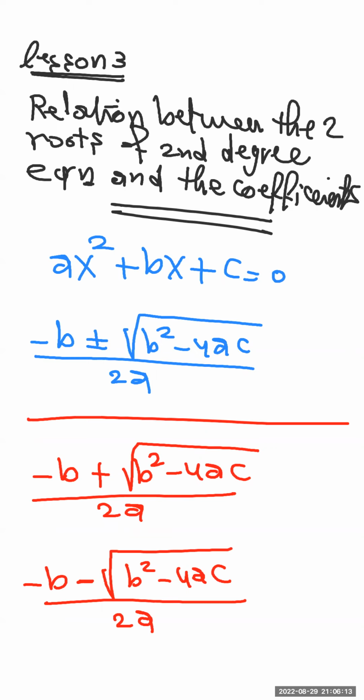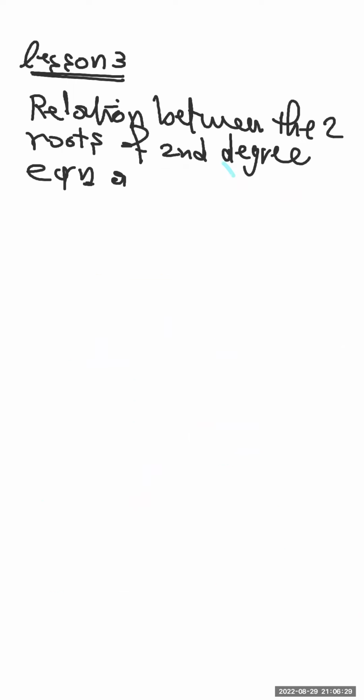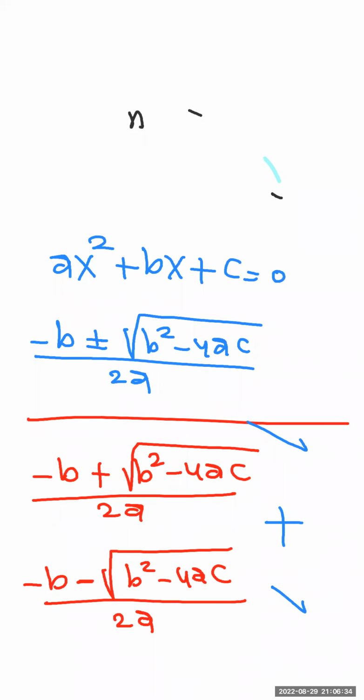Now, if I will get the sum of the two roots. Now check, guys, if we are going to add these two roots, this first one and the second one, then this means the sum of the two roots will equal negative b minus b, so negative 2b.